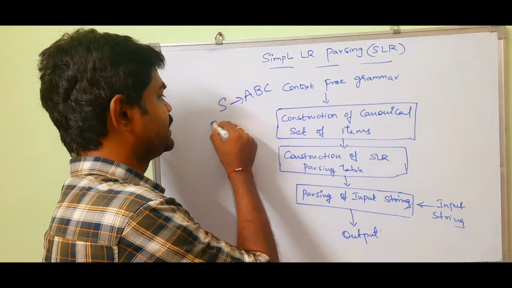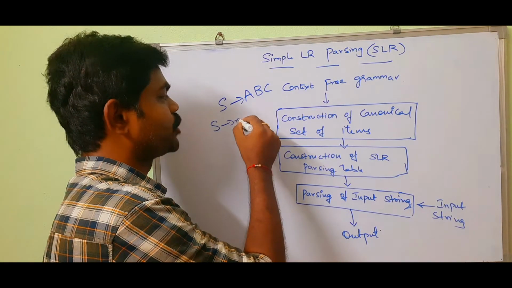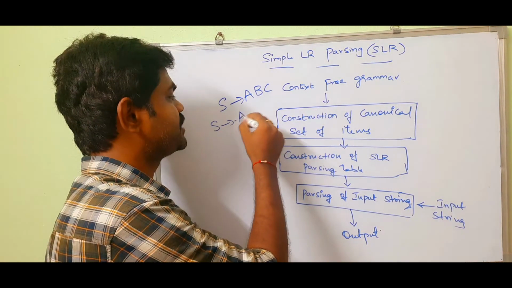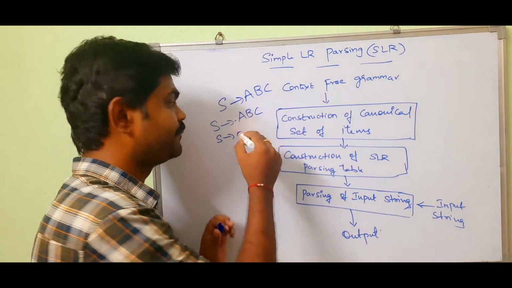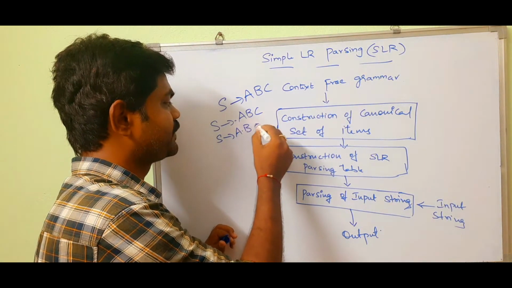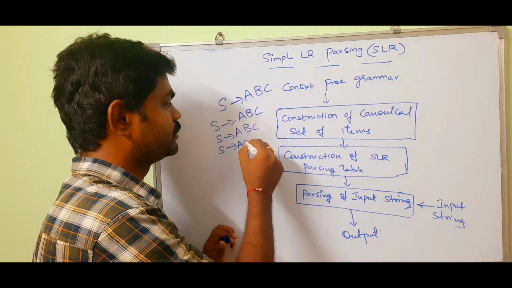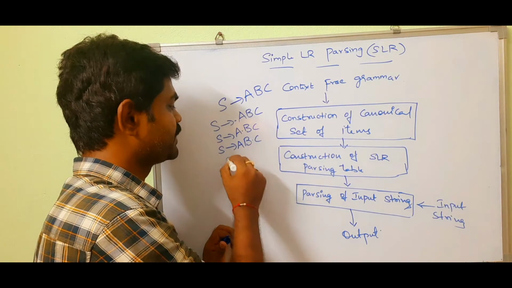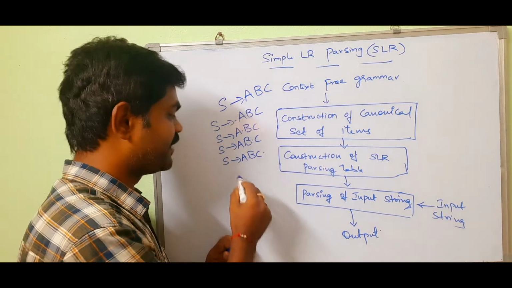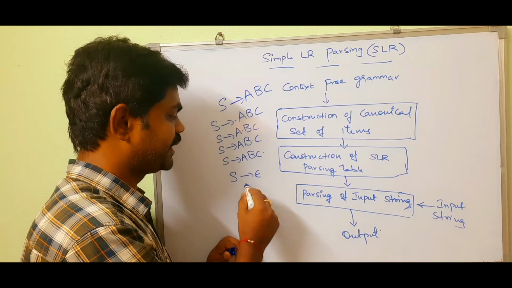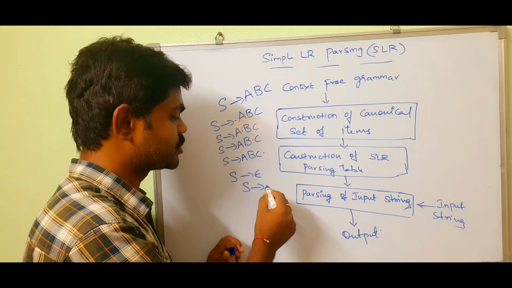First S tends to dot ABC, initial position. Then the dot moves after A: S tends to A dot BC. Next the dot moves after B: AB dot C. Then the dot moves to the last: ABC dot. And if I have S tends to epsilon, then we get only one item, S tends to dot.